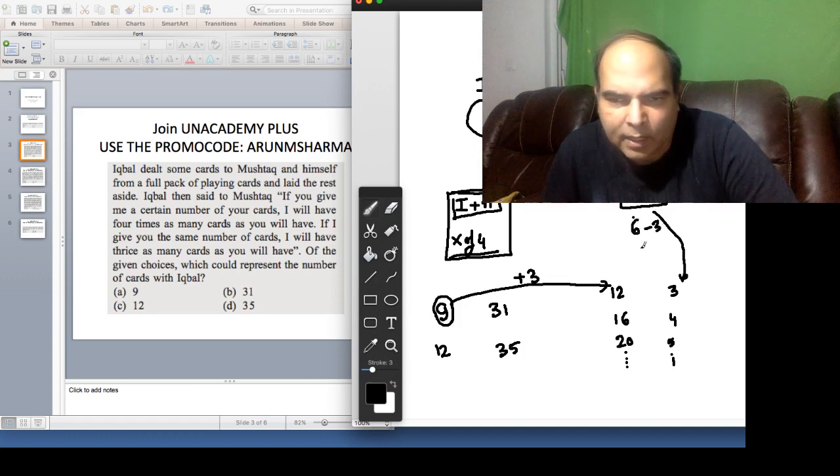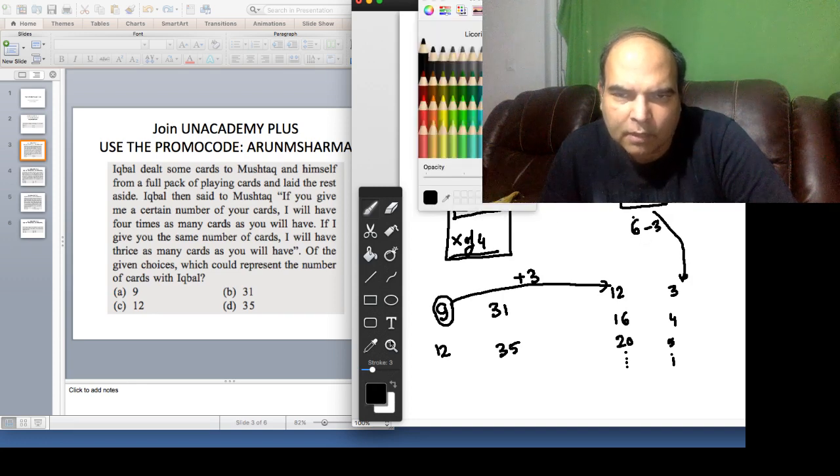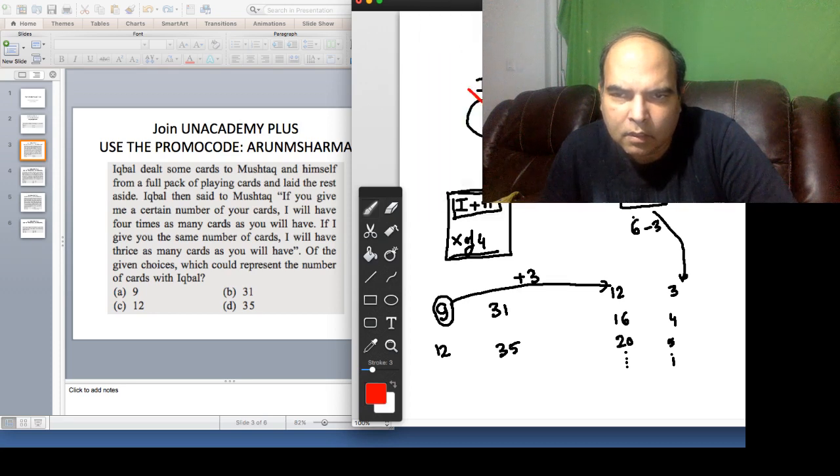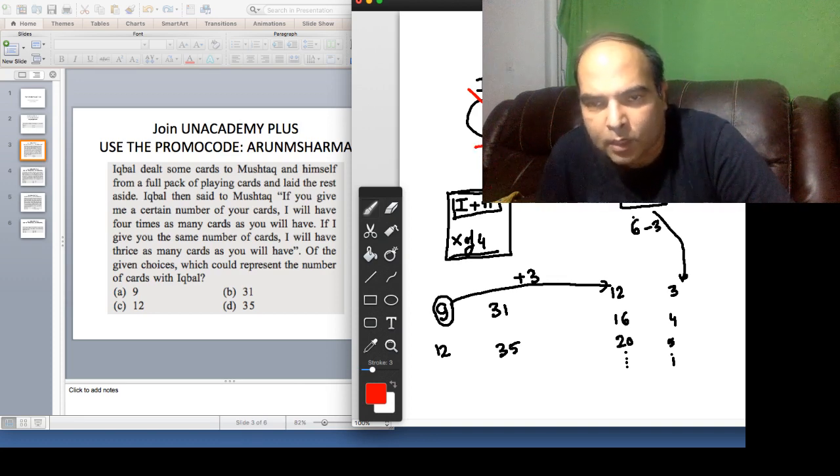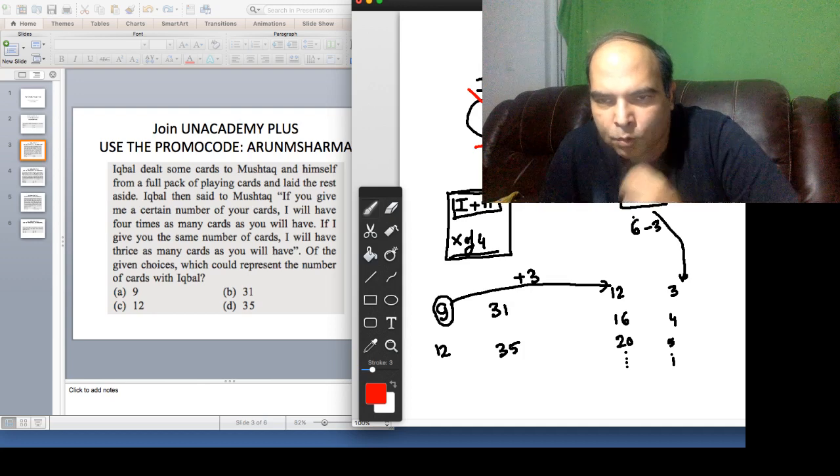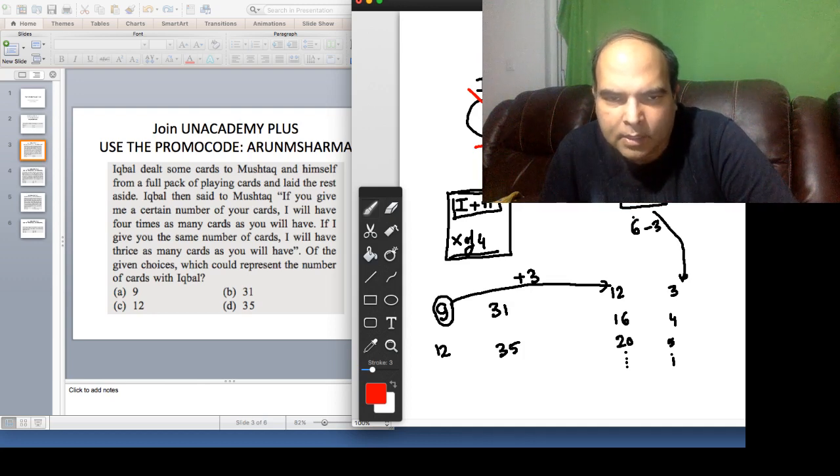And what it's saying is that if the transfer is reversed, n cards go this way. Iqbal is saying that I still have thrice as many cards as you have.